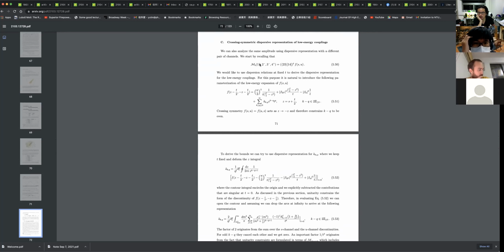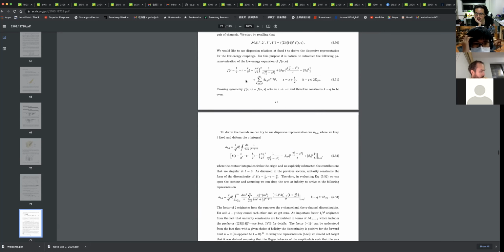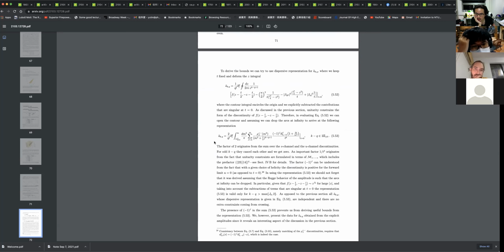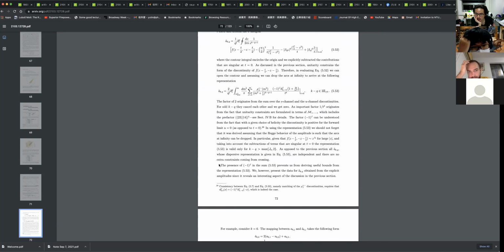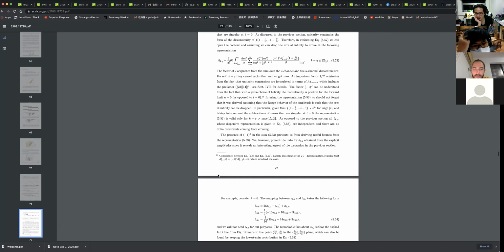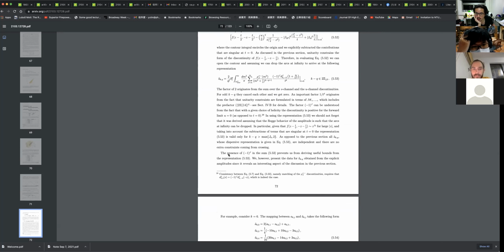Yeah, good. Yeah, it's this one, right? Okay, I guess they just say that it's because the minus J. Yeah, so they say that you're not supposed to derive bounds.